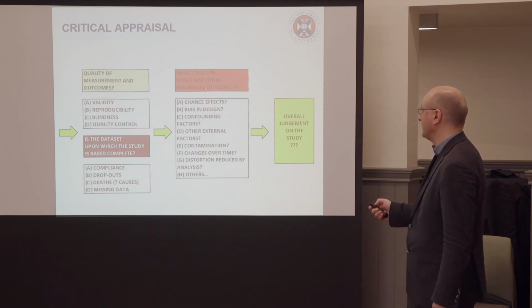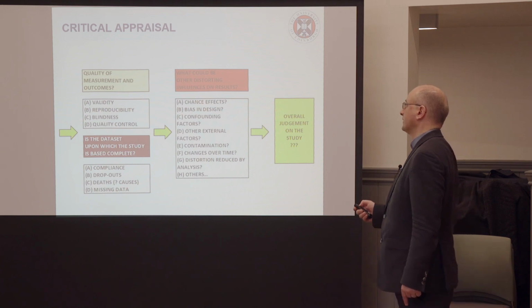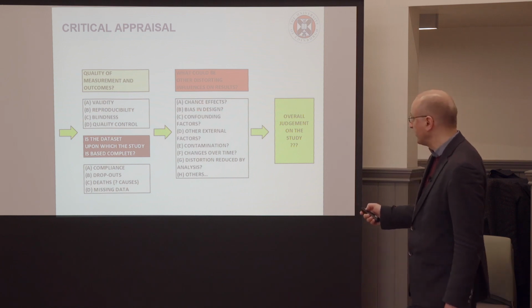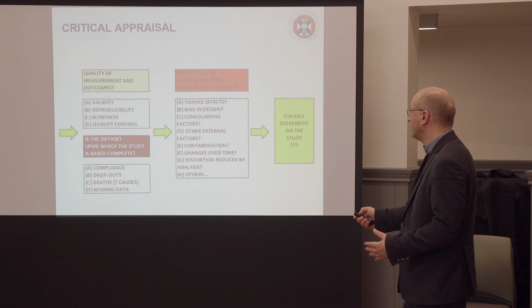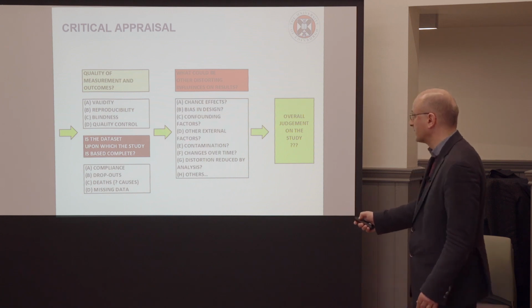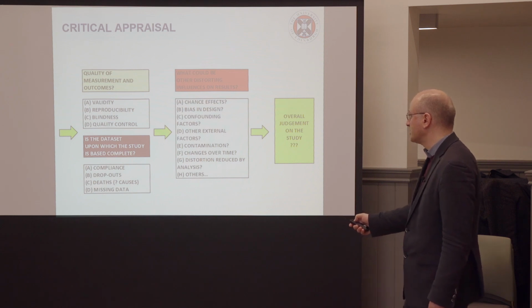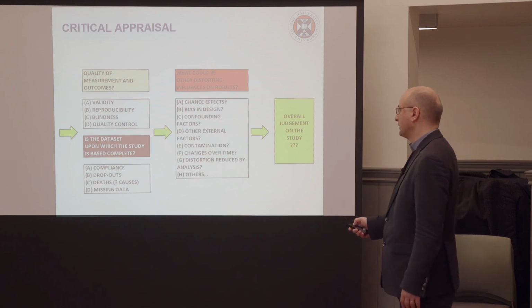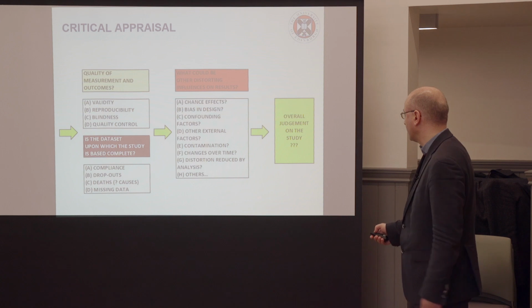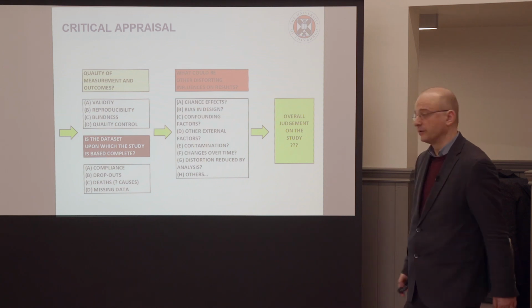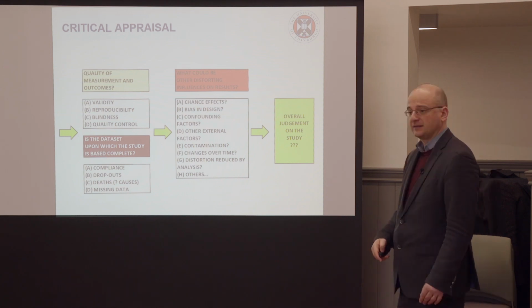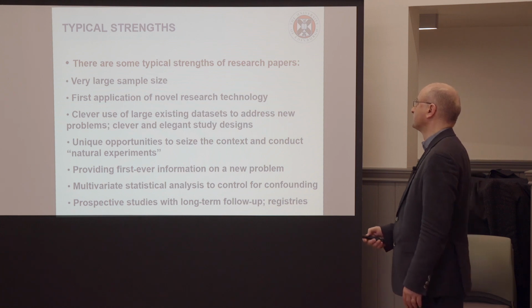And then what could be the other distorting influences on results, such as chance effects, too small a study, bias in design, confounding factors, any other external factors, contamination of the data, changes over time, distortion reduced by analysis, and anything else. And finally, you pass the overall judgment on the study in view of all this.